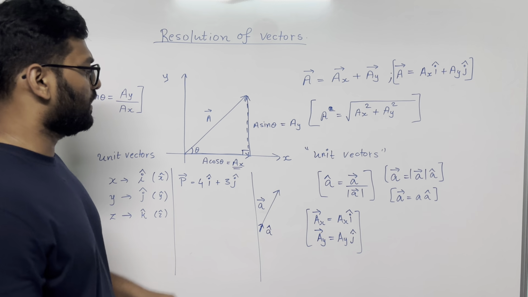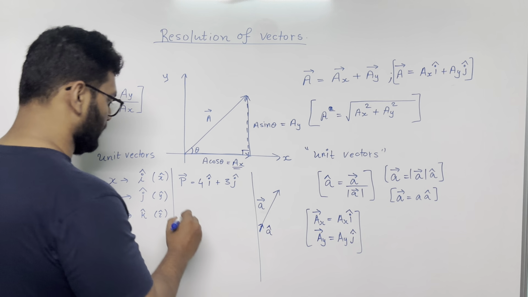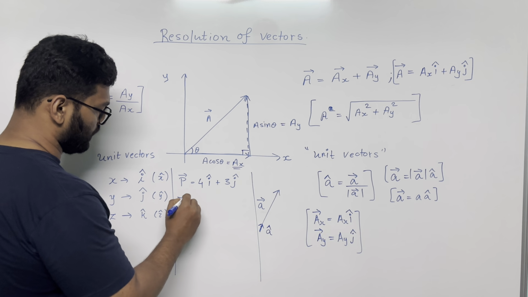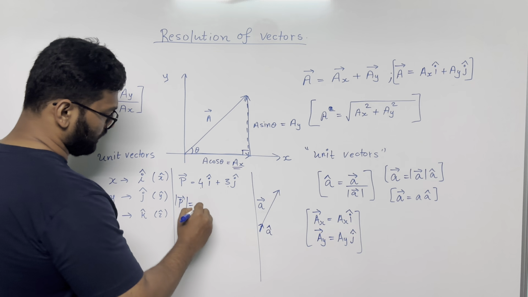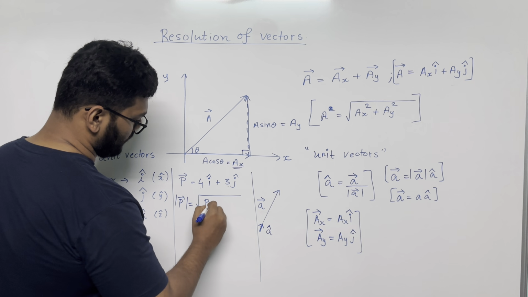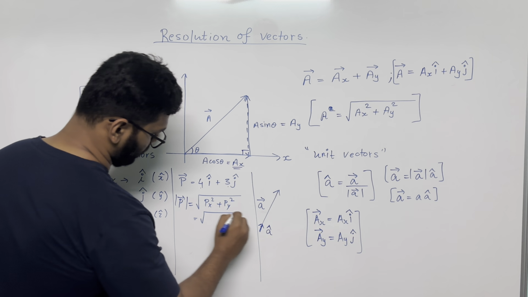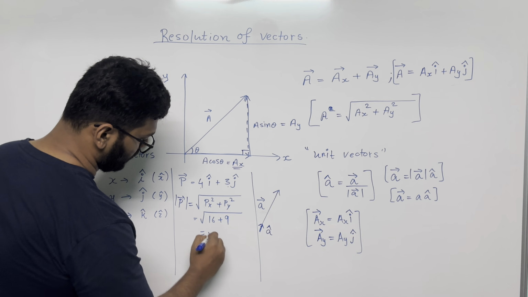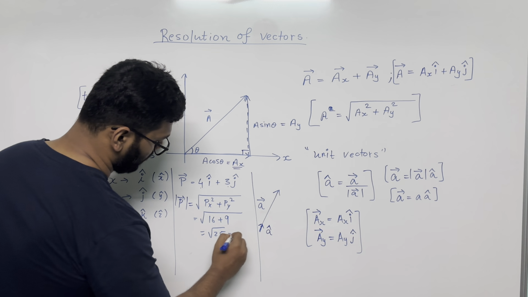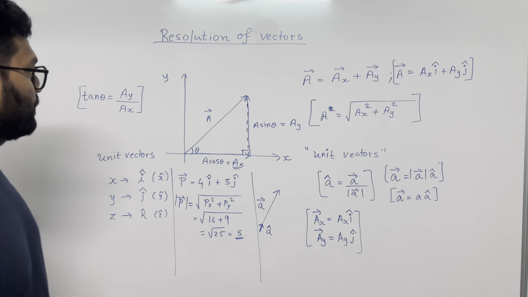And if this person asks you, this is a vector, what is the magnitude of this vector, then simply you can do this. Here px is 4, py is 3, so the magnitude is square root of px square plus py square, which is nothing but square root of 4 square is 16 plus 3 square is 9, which gives you square root of 25, which is nothing but 5. So this is what you get. P bar magnitude is 5.